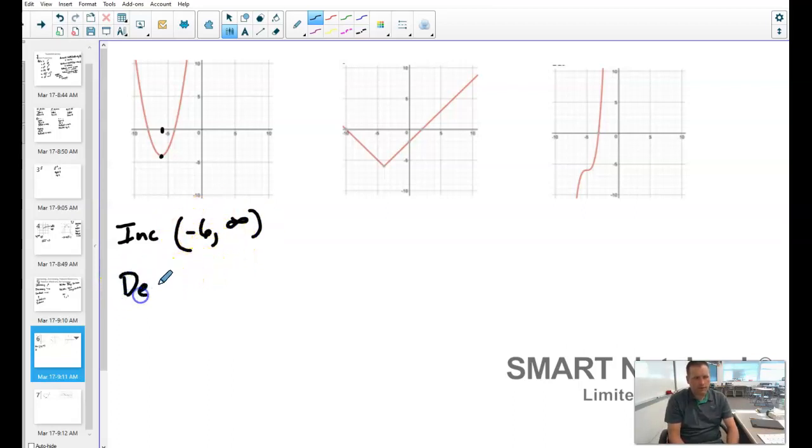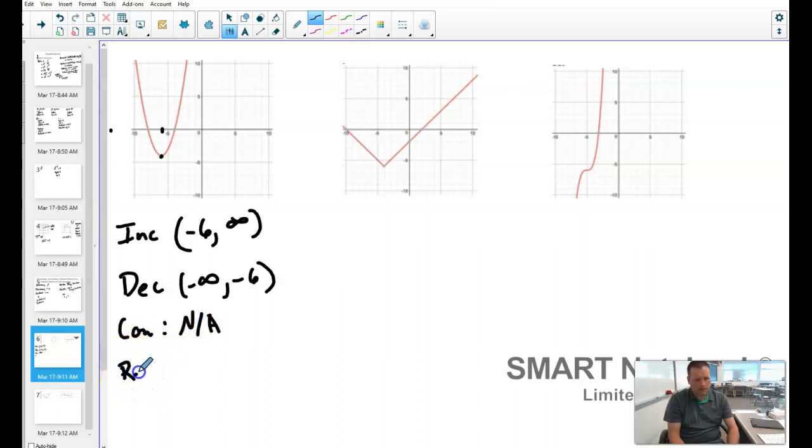For decreasing, it's decreasing from all the way to the left until I get to that point right there. So that would be from -infinity to -6. And for constant, there is not any, so it's not applicable for this graph.